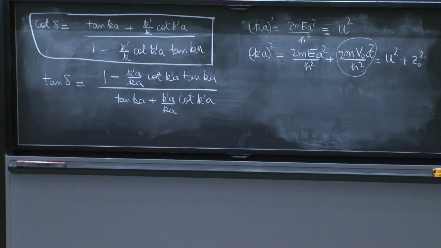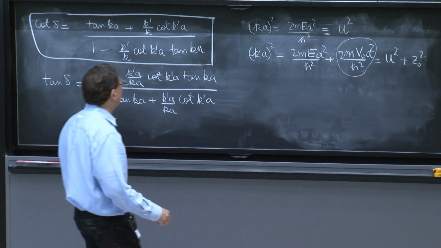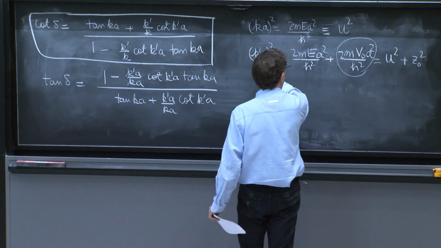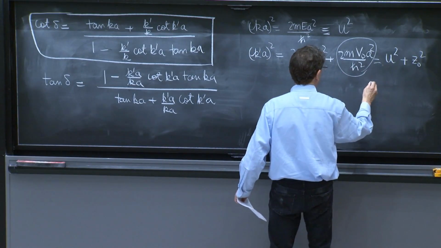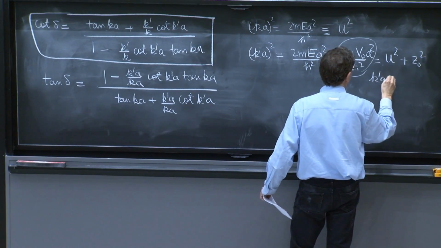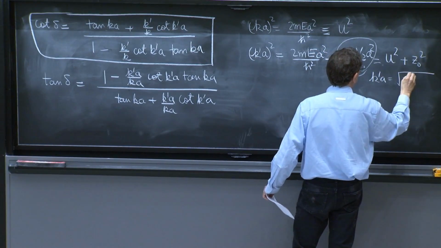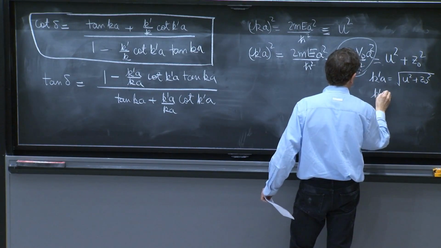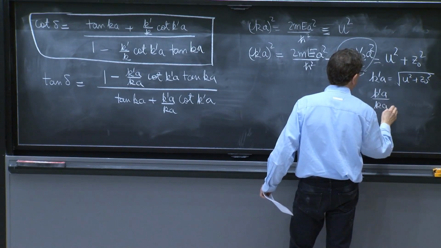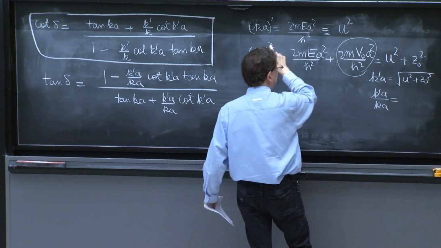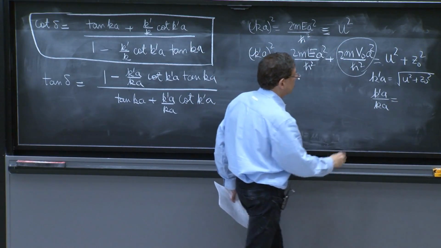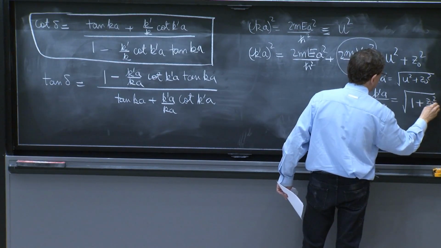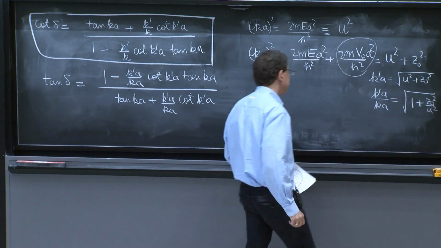So in terms of our variables, k prime a is the square root of u squared plus z naught squared. And k prime a over ka, you divide now by u, so it's square root of 1 plus z naught squared over u squared.